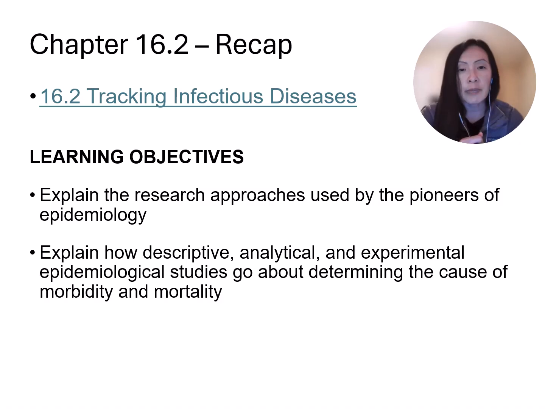And in experimental studies, we are controlling variables to confirm cause and effect. So together, these methods really allow epidemiologists to move from observation to correlation to causation, leading to evidence-based strategies for reducing morbidity, which is illness, and mortality, which is death in populations.